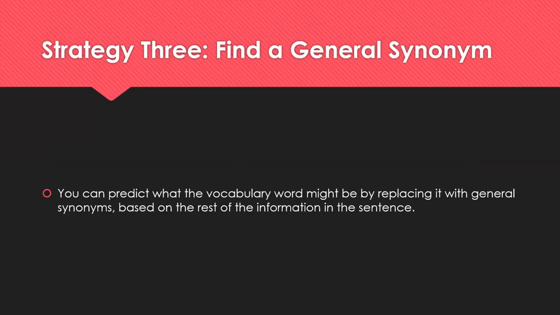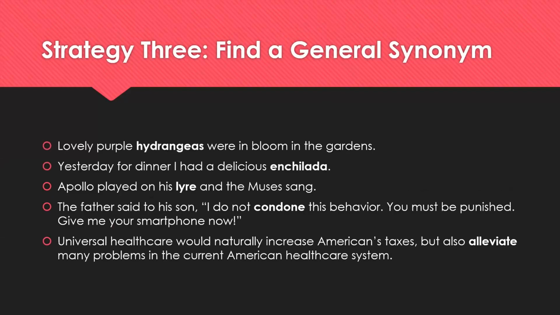So for these next few questions, we're going to try predicting what the vocabulary word might be by replacing it with a general synonym based on the rest of the information in the sentence, okay? So here's your first sentence. Lovely purple hydrangeas were in bloom in the gardens. Now, what's a way you could very generally replace the word hydrangeas?